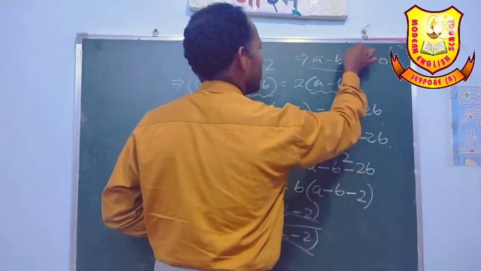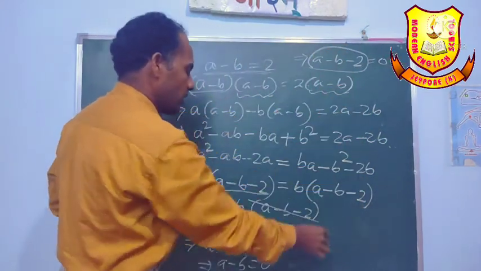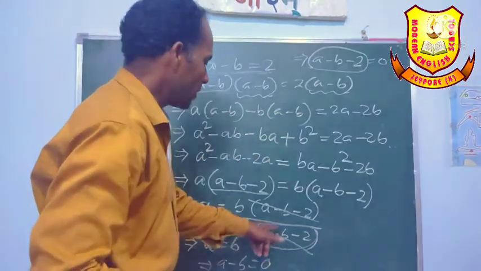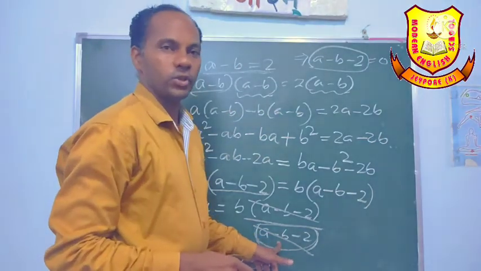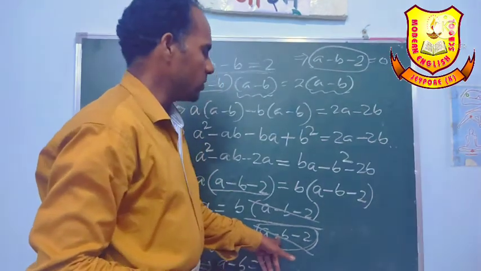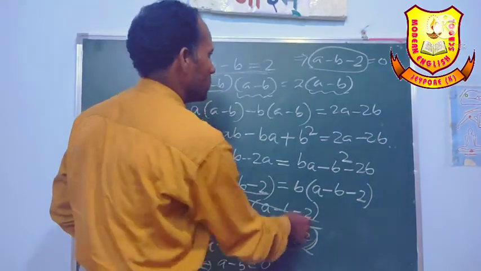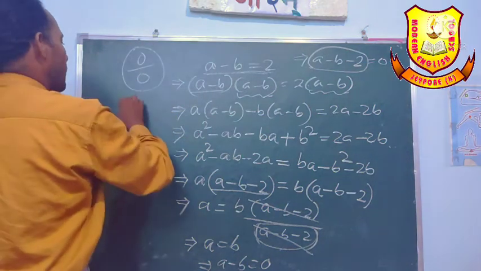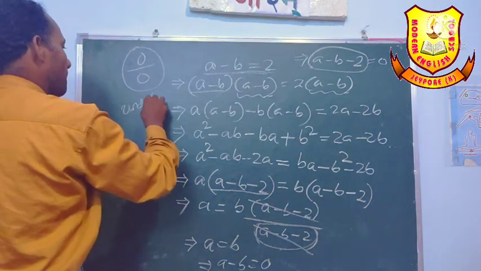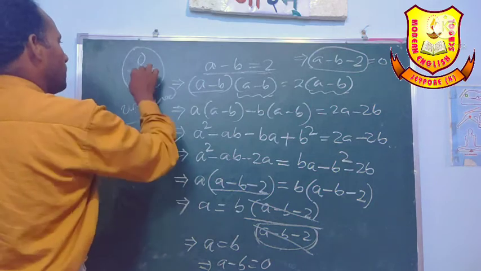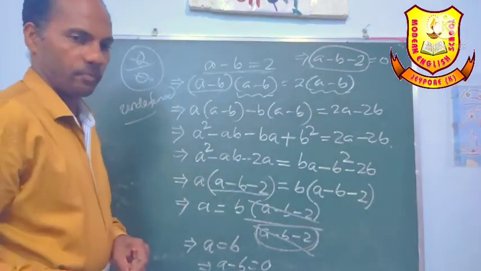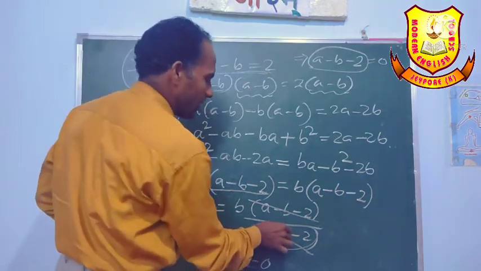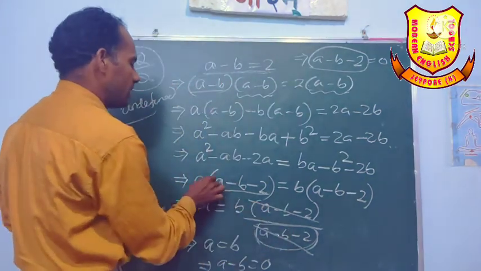So a minus b minus 2 equal to 0 here. So the denominator cannot be 0. If it were 0, like this one 0 and this one 0, then 0 by 0 is undefined, and we cannot do 0 by 0. That's why this cannot be 0 or anything.